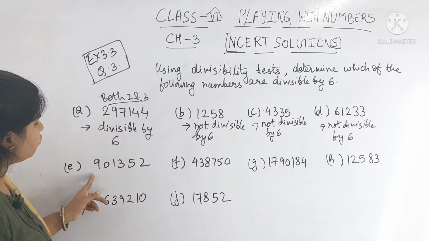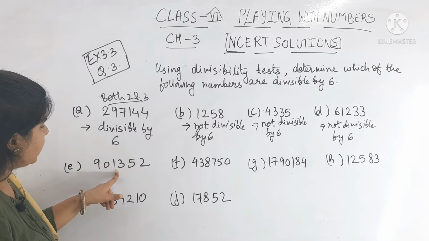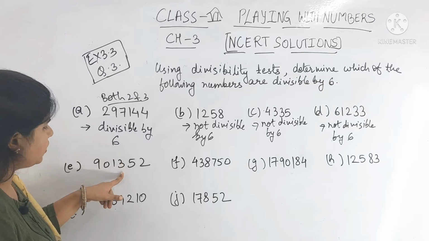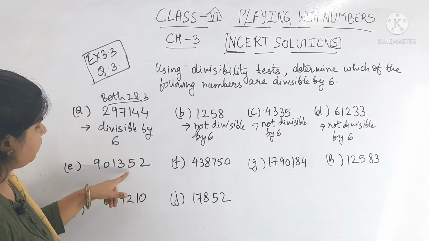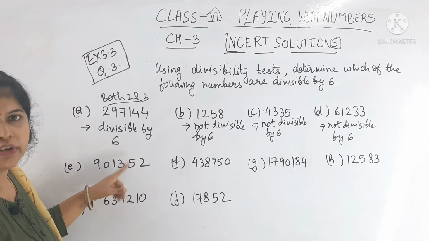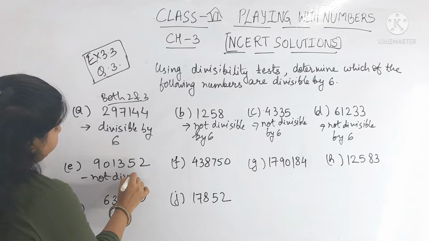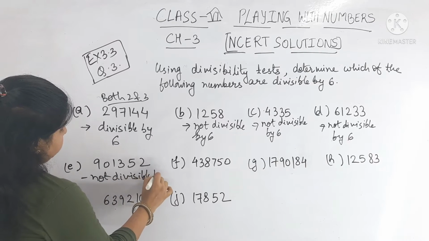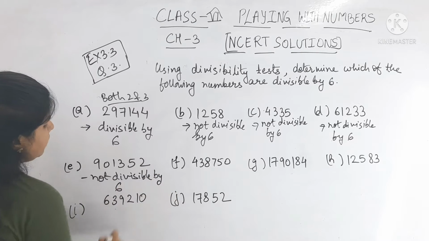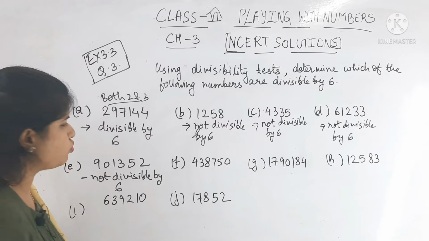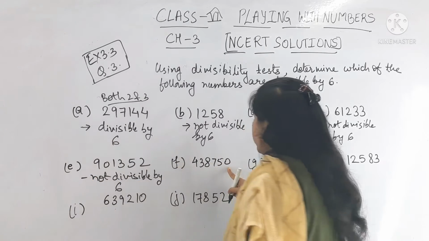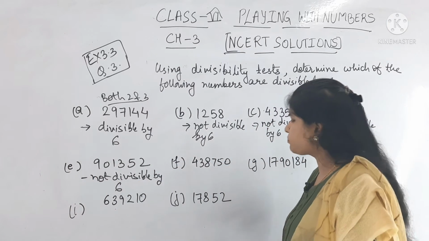For 3 we have to check. 9 plus 1 is 10, 10 plus 3 is 13, 13 plus 2 is 15, 15 plus 5 is 20, not divisible by 3. So not divisible by 6 because it is not divisible by 3 but divisible by 2. Here divisible by 2 because the last number is 0.